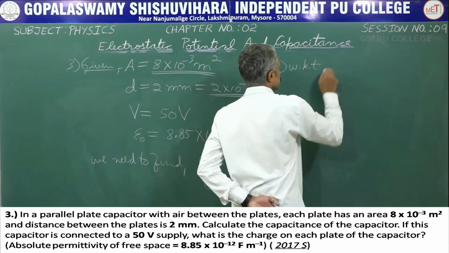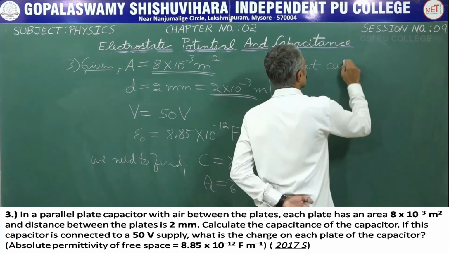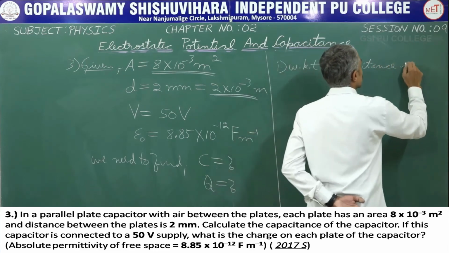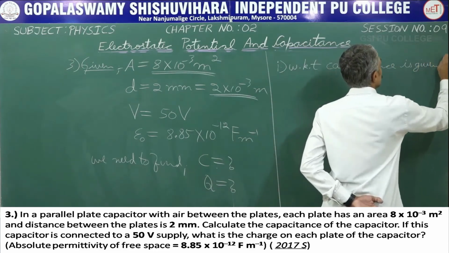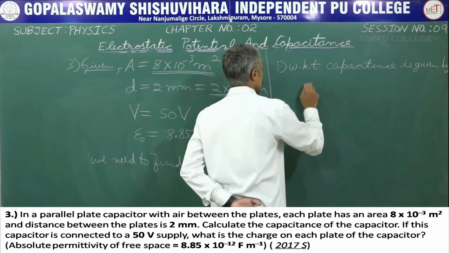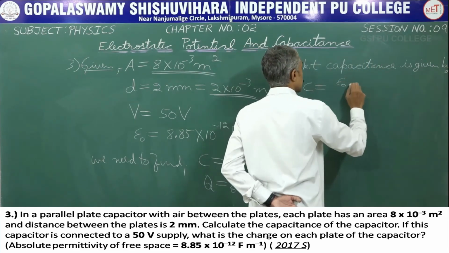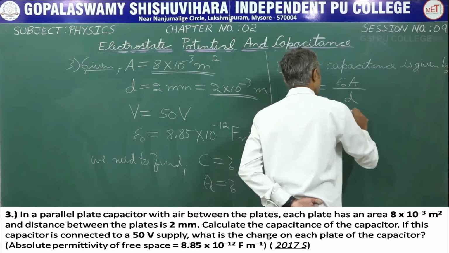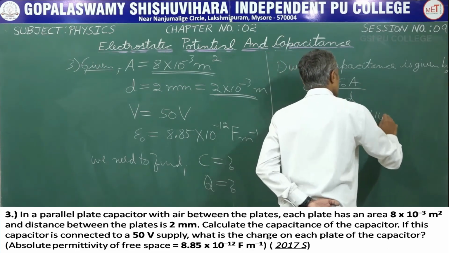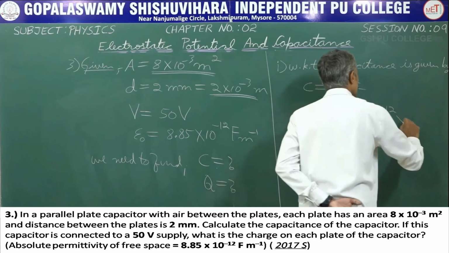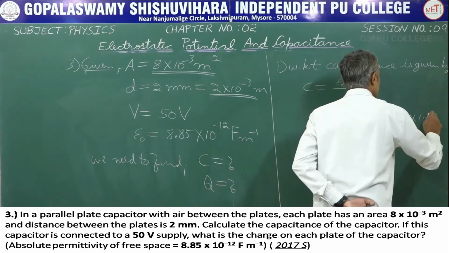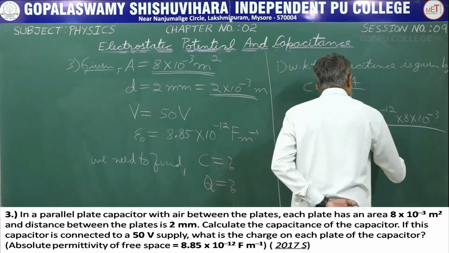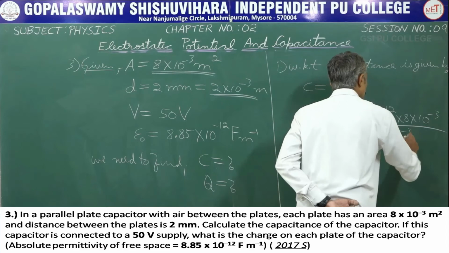So we know that the capacitance is given by C is equal to epsilon naught A by D. So 8.85 into 10 to the power of minus 12 into 8 into 10 to the power of minus 3 meter square divided by 2 into 10 to the power of minus 3.